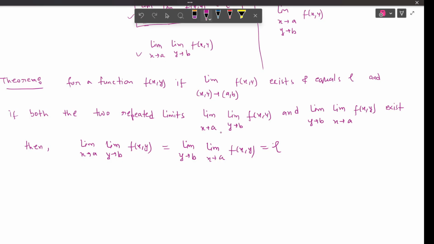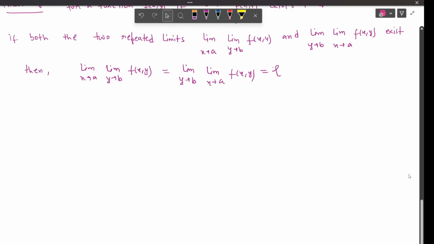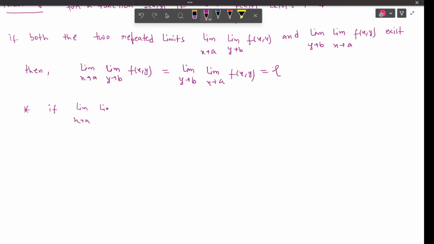So from this theorem we can say that if limit x tending to a, limit y tending to b, f of x comma y is not equal to limit y tending to b and limit x tending to a, f of x comma y.